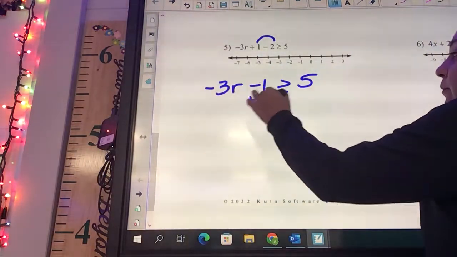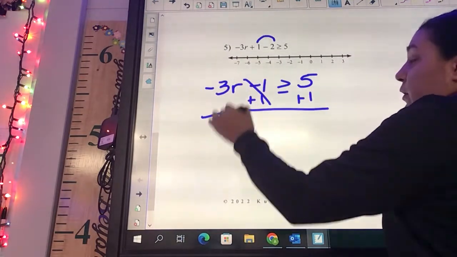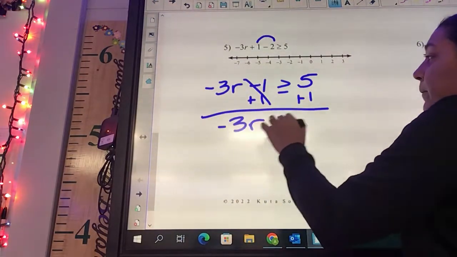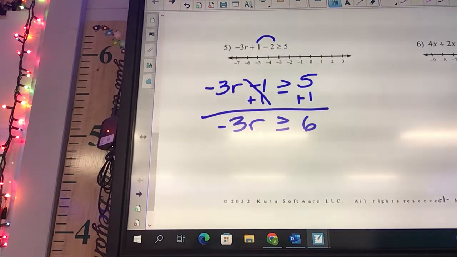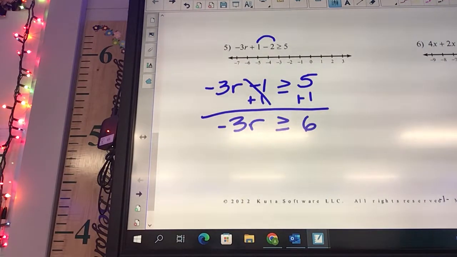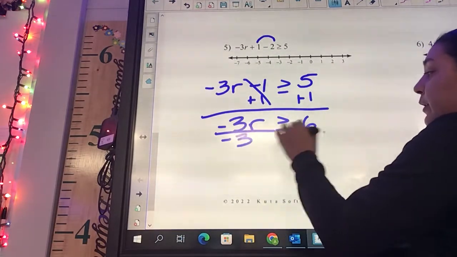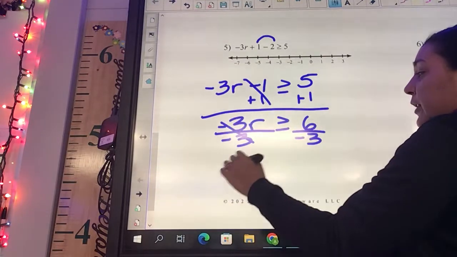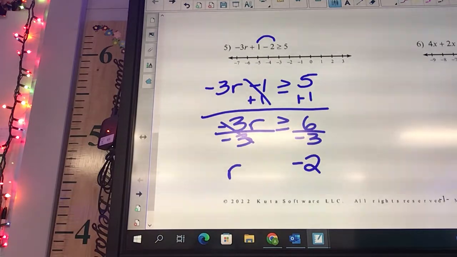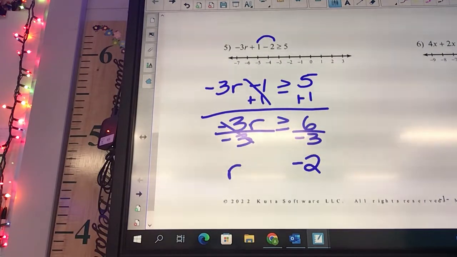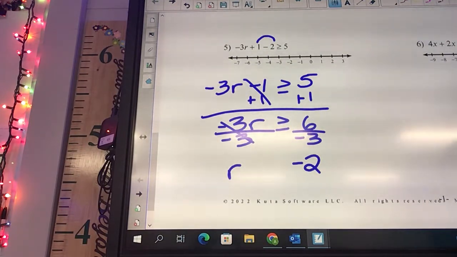Plus 1. So I get negative 3r. That's going to be 6. Okay, and then what? Divide by negative 3. Do we need to flip? Yeah, why? What negative though? What number is negative? The 3.